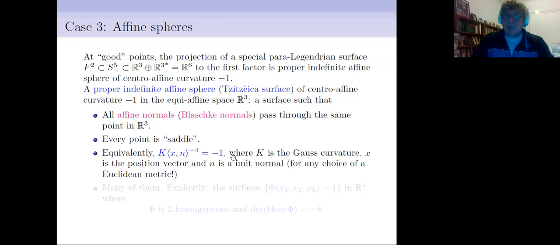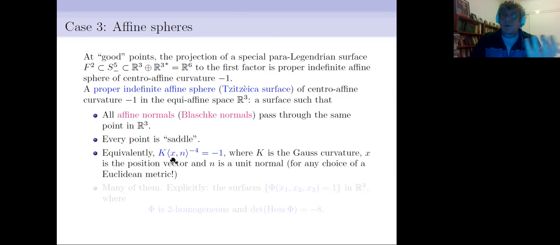So you have a certain two-dimensional surface in three-dimensional space. You compute its Gaussian curvature, you compute its normal, you write down this, and it's -1. And it turns out that this is equiaffine invariant. So if you change your metric to some other metric with the same volume element, your surface will still satisfy this equation.